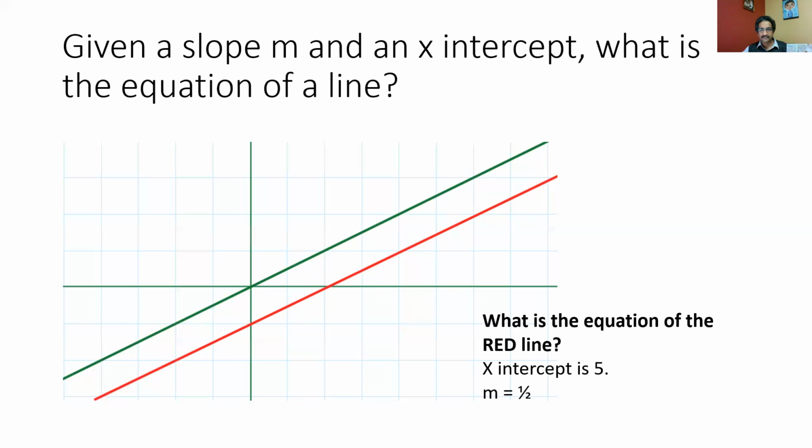Let's take this point here: x is 4, y is 1, so the point x comma y is 4 comma 1. Now what is the coordinate of this point? It's 2 comma 1.